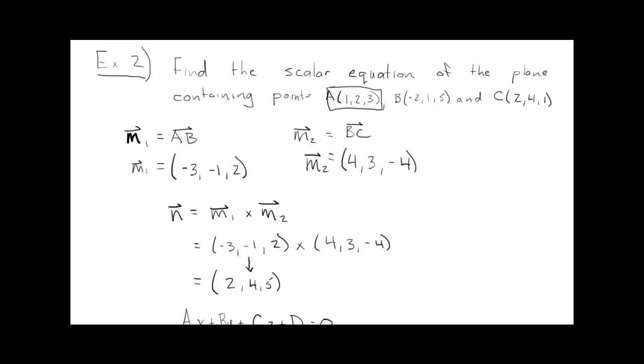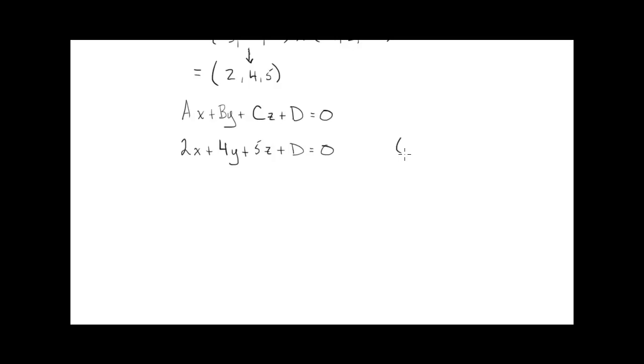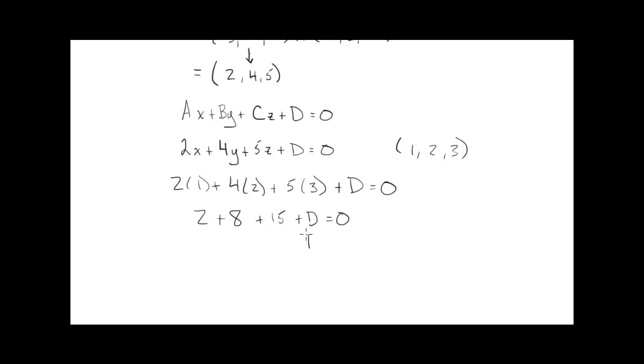I'm going to take my favorite point, (1, 2, 3). So 2 times 1 plus 4 times 2 plus 5 times 3 plus D is equal to 0. 2 plus 8 plus 15 plus D equals 0. D is equal to -25.